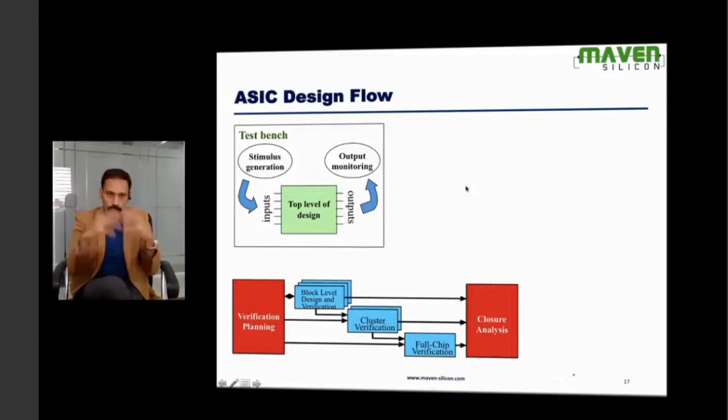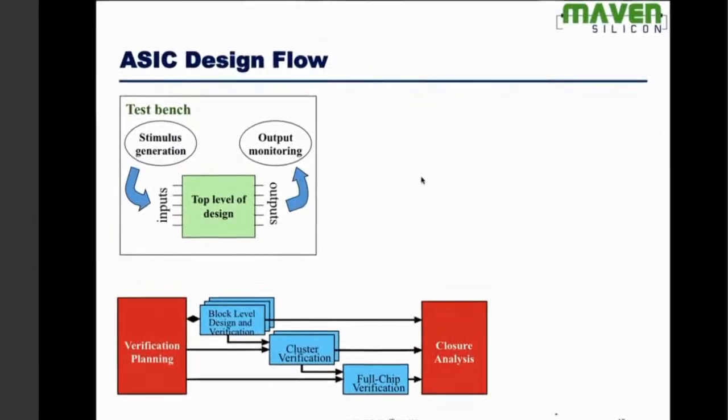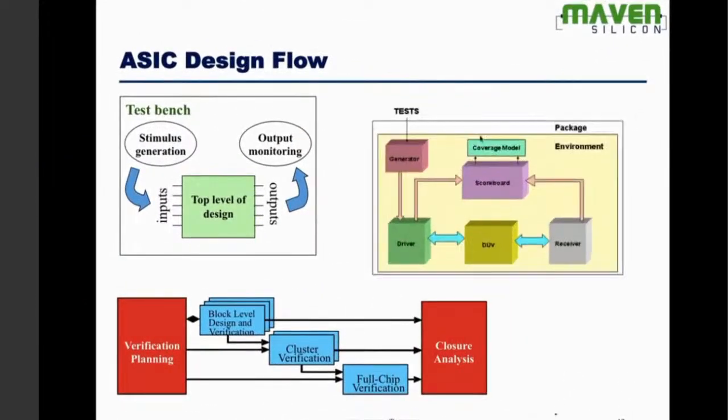And we follow a certain process. Before writing the test bench, we create a detailed plan: what kind of stimulus we want to generate, and how we are going to track the simulation with the help of coverage. There are different kinds of coverage, like code coverage and functional coverage. And how to create the test bench, the architecture of the test bench. Everything will be captured as part of this plan. It's called verification planning.